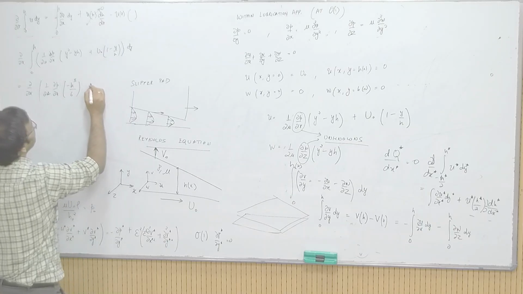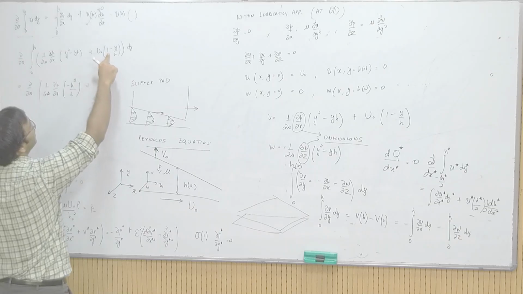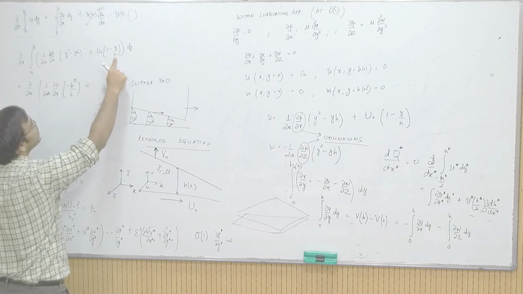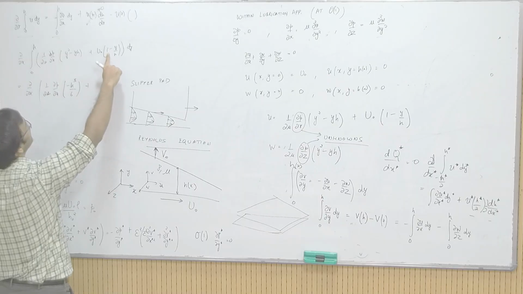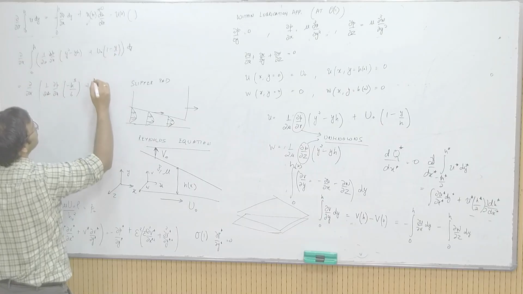And from here what do we get? We have y minus y square by 2h. So, h minus h by 2.